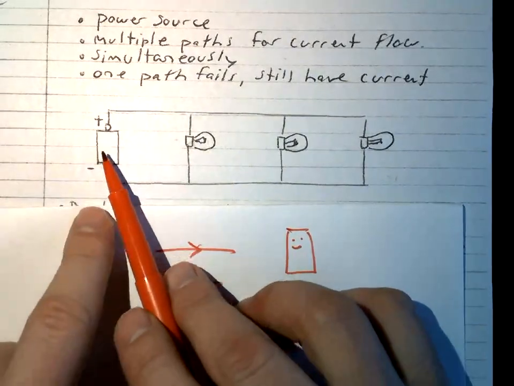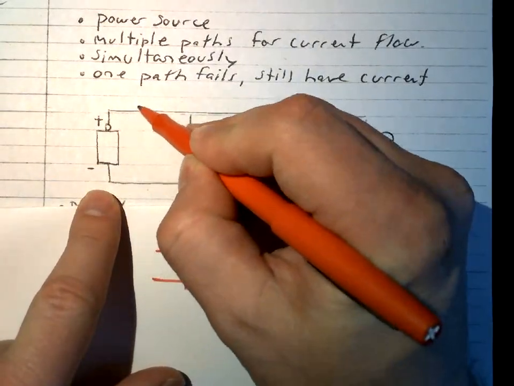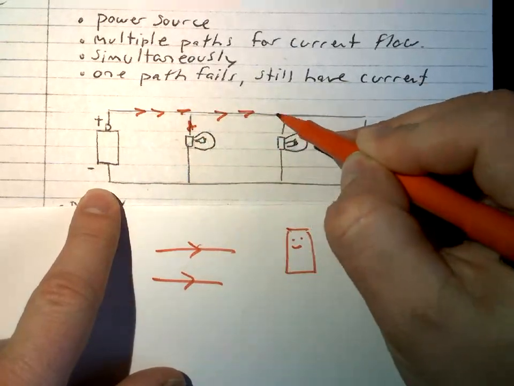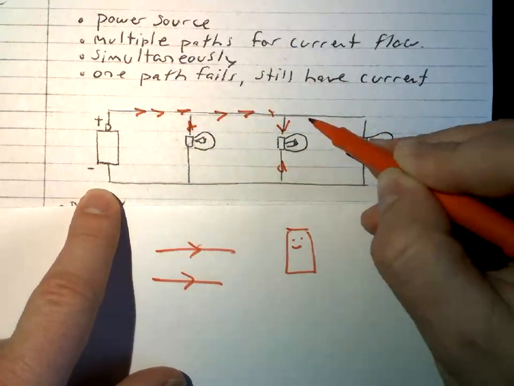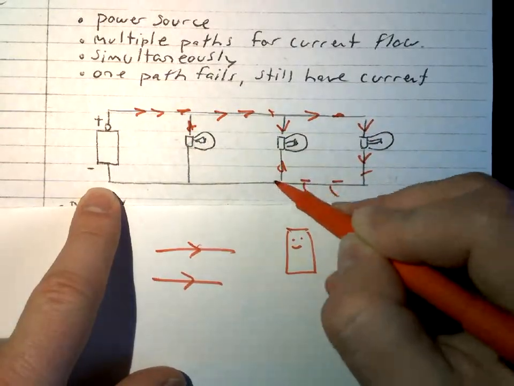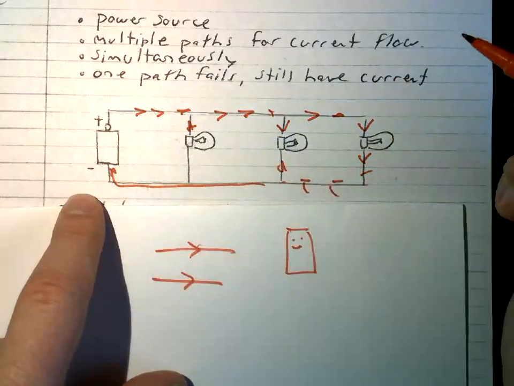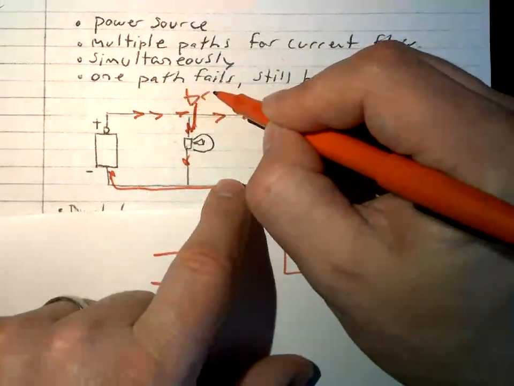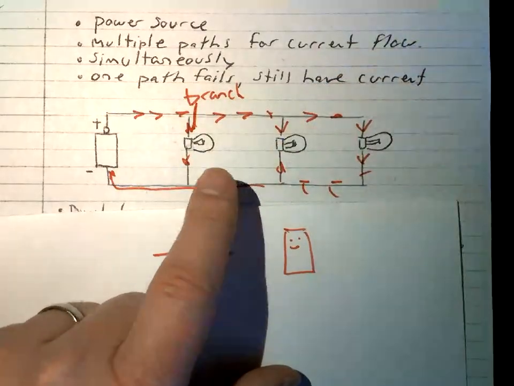Let's say you take a power source and the current's flowing, flowing down here just as well, and all the way back here, right? Each one they call a branch, like a branch of a tree.